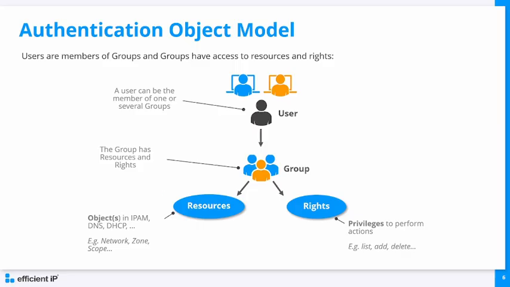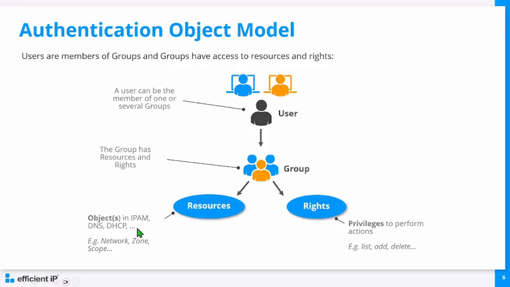And then you're going to assign the resource and the right to the group. A resource means the different objects that you want the group to manage. Object can be IPAM, the IPAM server, the IPAM block, the IPAM subnet, or the object can be DHCP server, DHCP zone, DHCP resource record.